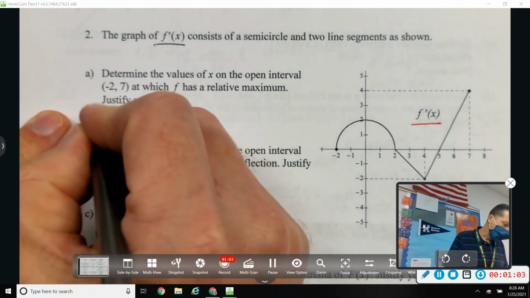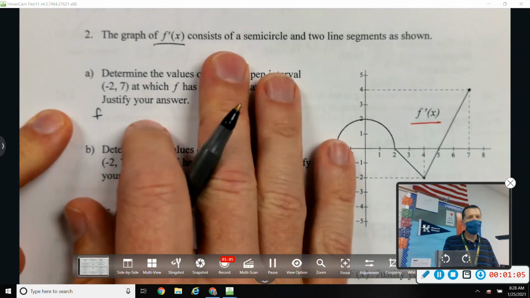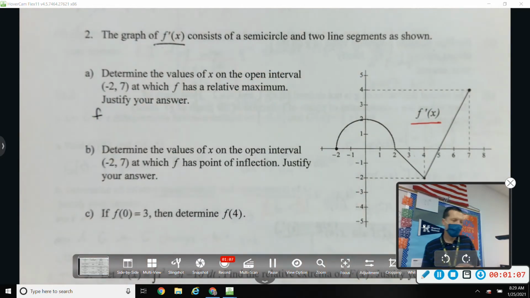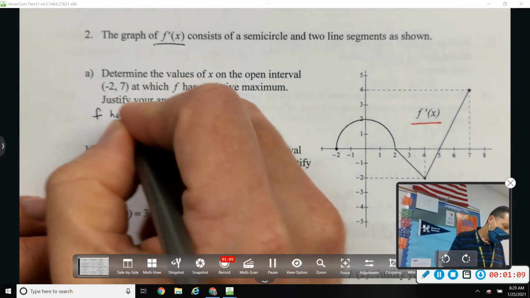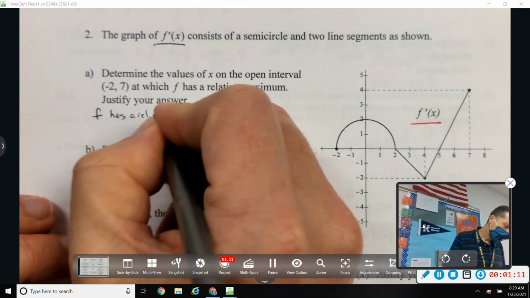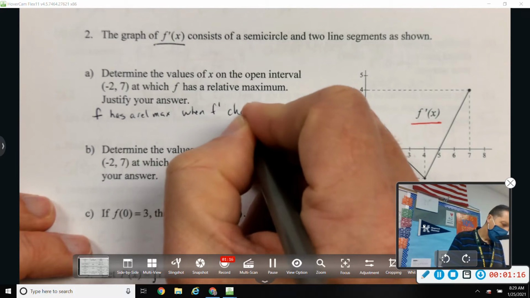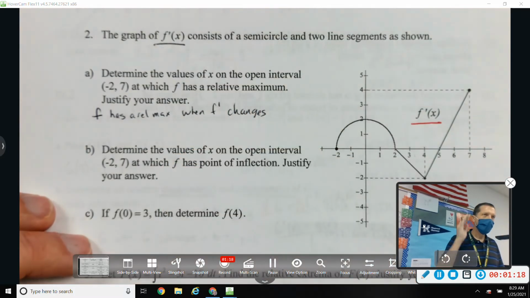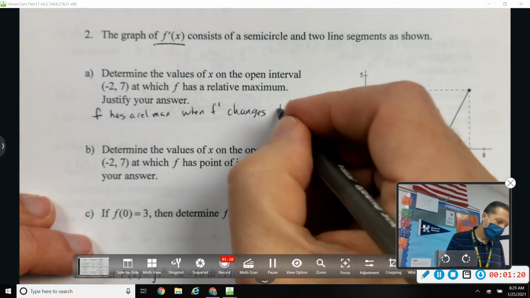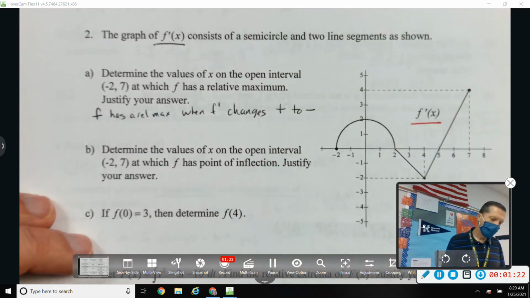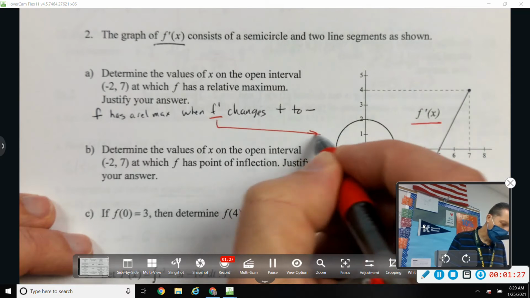Okay, well, even without this picture or this problem at all, I know that f has a relative maximum when f prime changes. Maximum would be positive to negative. Oh, well, that's helpful because I have a graph of f prime.